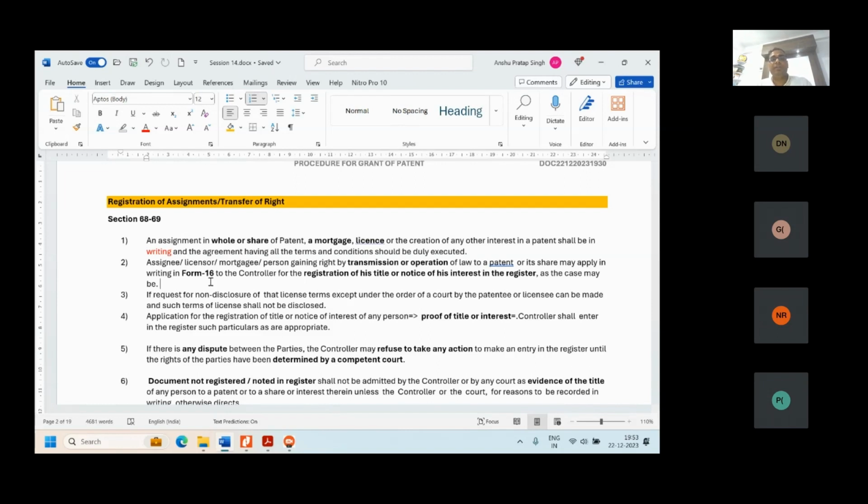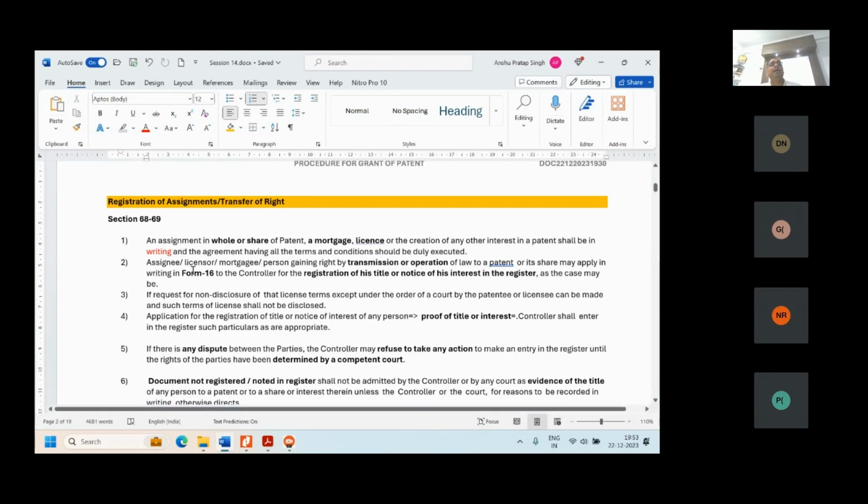And if this is a company, then their seal, if required, should be affixed and it should be executed by their authorized signatory. So anyone who is signing it should have the right to sign, and it should be executed on a stamp paper of the correct value.